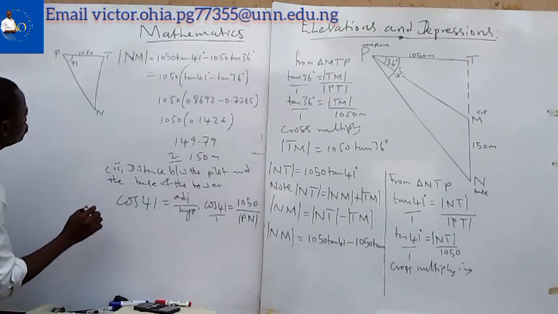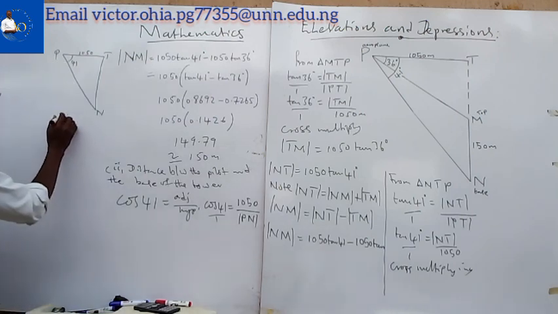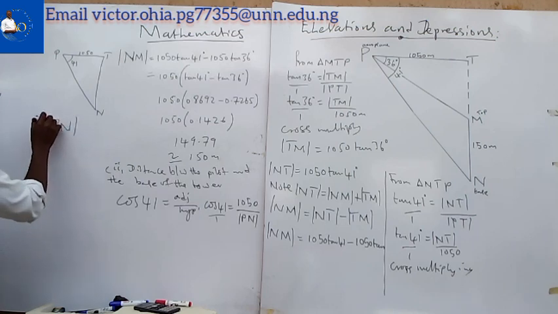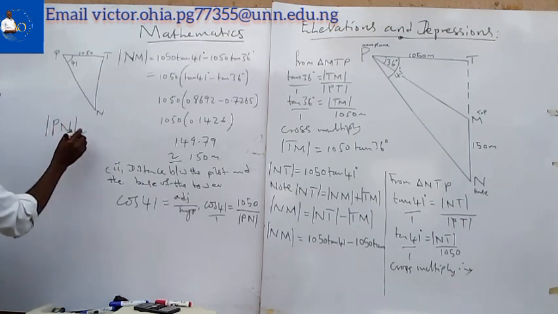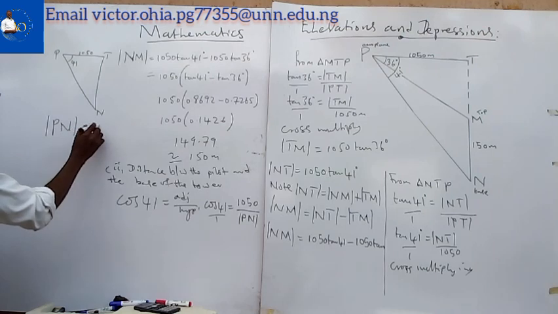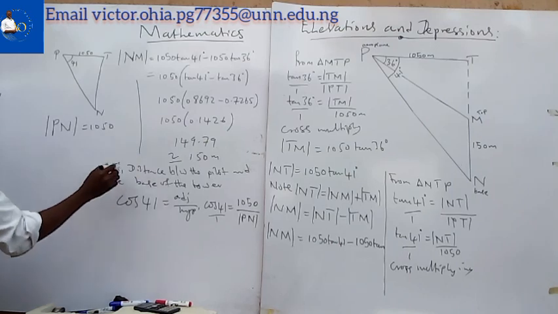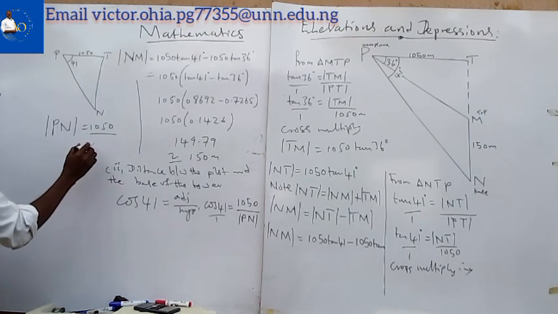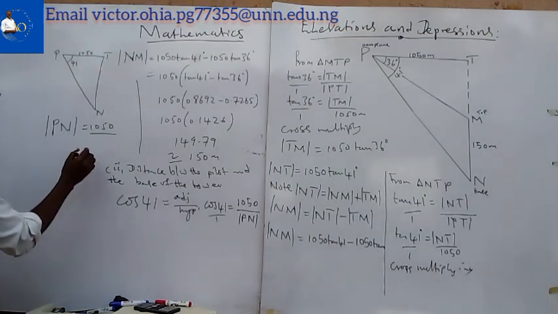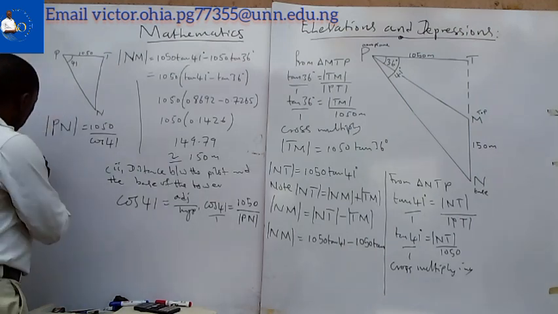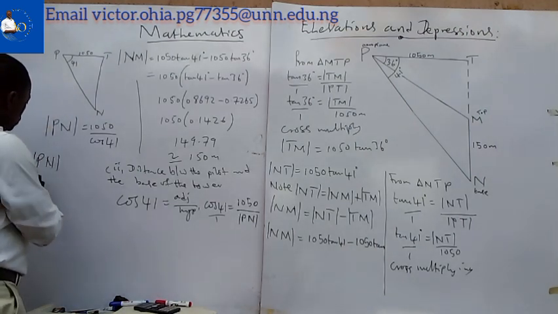So we are going to have PN over 1 is still what it is, equals to 1050 over cos 41.